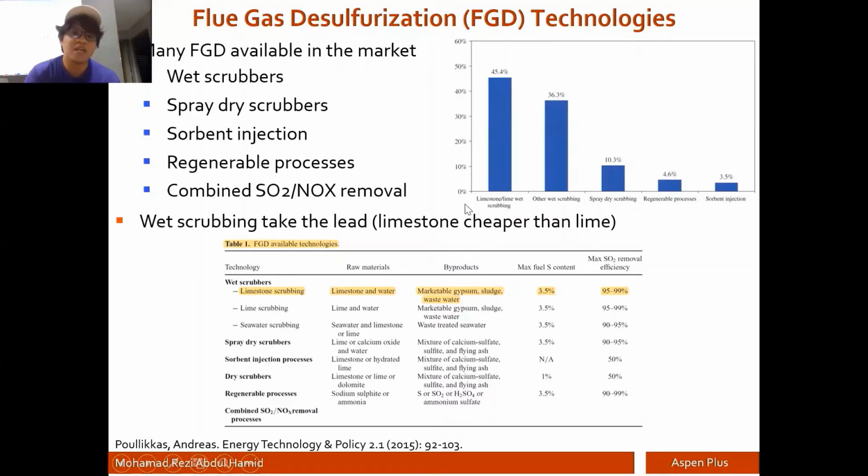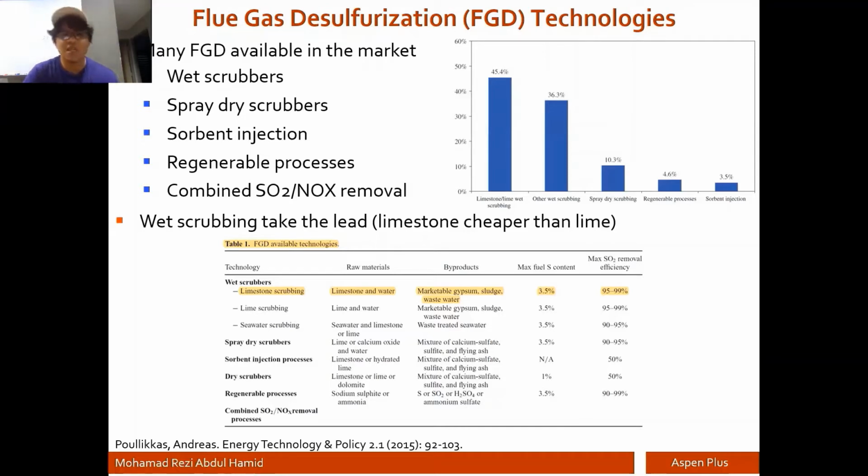But in this case, limestone is the more preferred choice because limestone, or calcium carbonate, is cheaper compared to lime. Lime is calcium oxide. And if you see Table 1 here, this is just a description and efficiencies of different SO2 removal technologies. But in these videos, we're going to focus on limestone scrubbing in a wet scrubber.